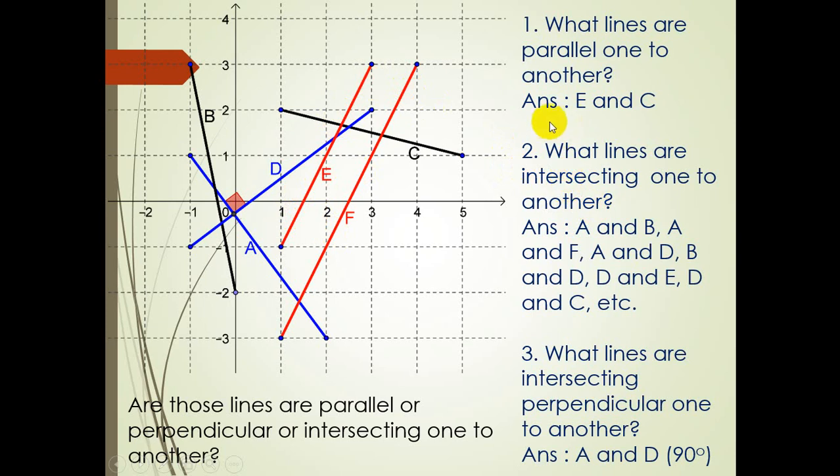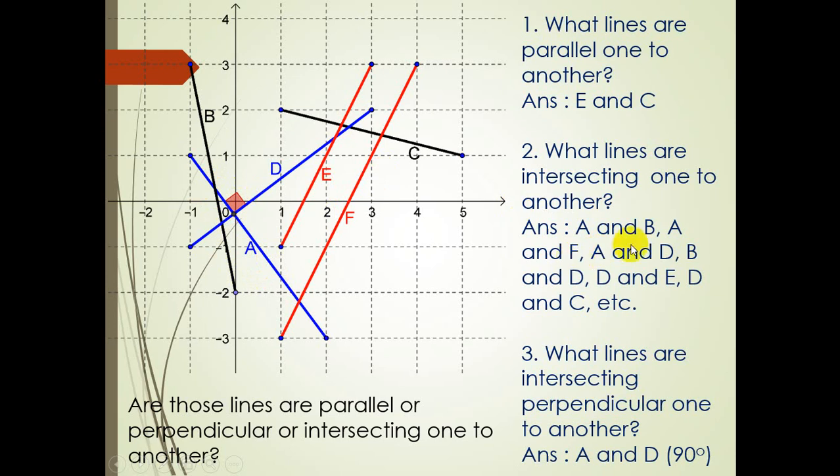Question number 2. What lines are intersecting one to another? The answer can be A and B. Lines A and B intersect at this point. As you can see here, the black and the blue one.